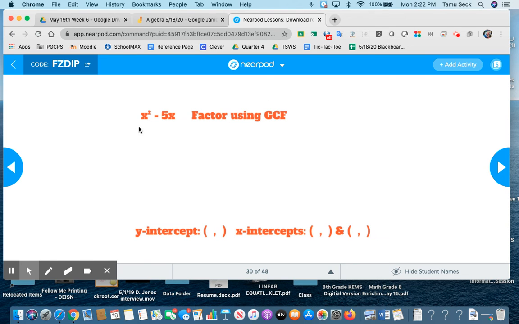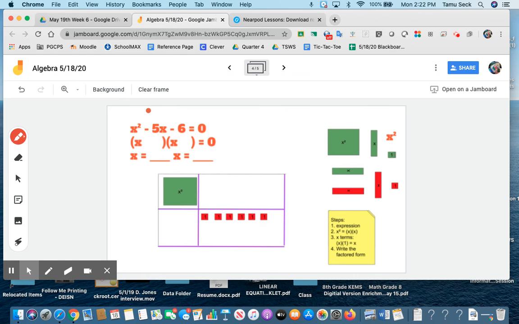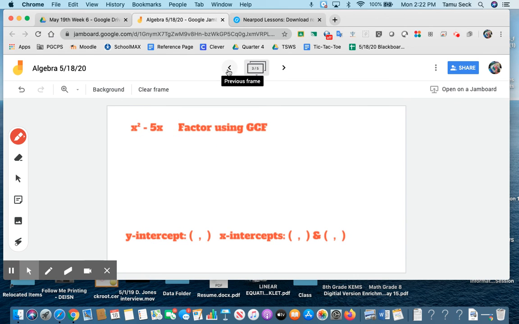Okay, so let's factor x squared minus 5x using the greatest common factor. The greatest common factor that they both have in common is x.